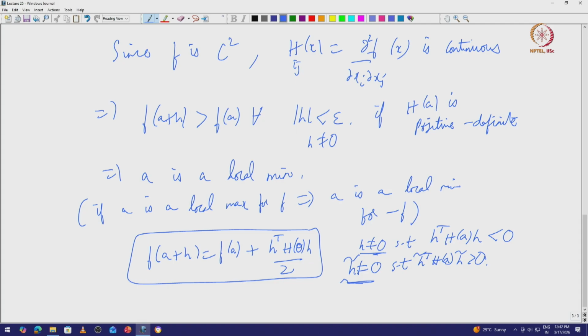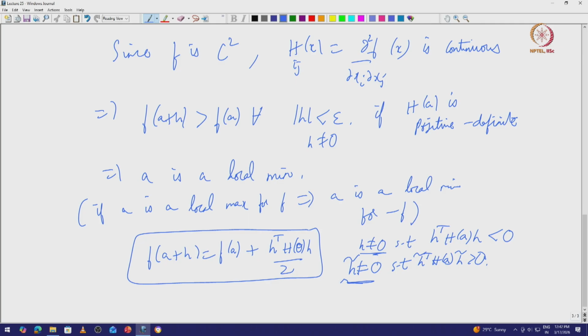By the way, I urge you, in these sorts of situations, when I ask you a rhetorical question, please pause the video and think for yourselves. But anyway, the answer is, the determinant of h of a is non-zero because h of a is invertible, and the determinant is a continuous function, so the determinant of h of theta is also non-zero as long as theta is sufficiently close to a. Okay, so h of theta is invertible.